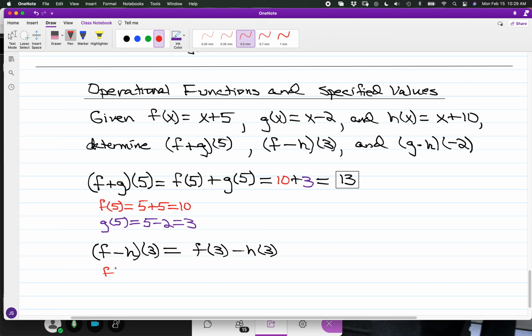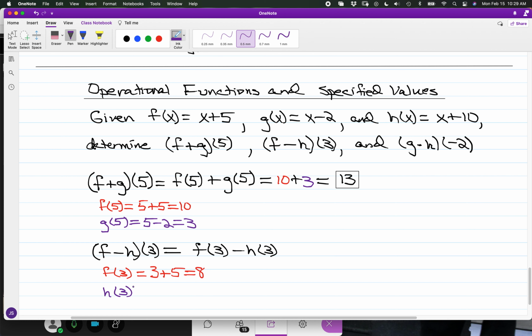So this time we need f of 3 as well as h of 3. For f of 3, again you have f of x equal to x plus 5, so this will come out to 3 plus 5, which should be 8.